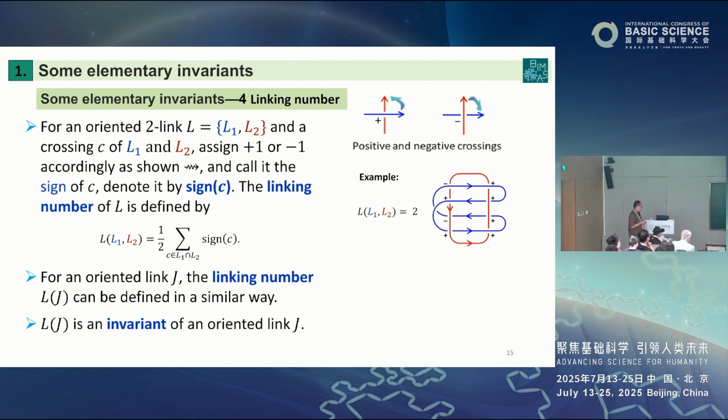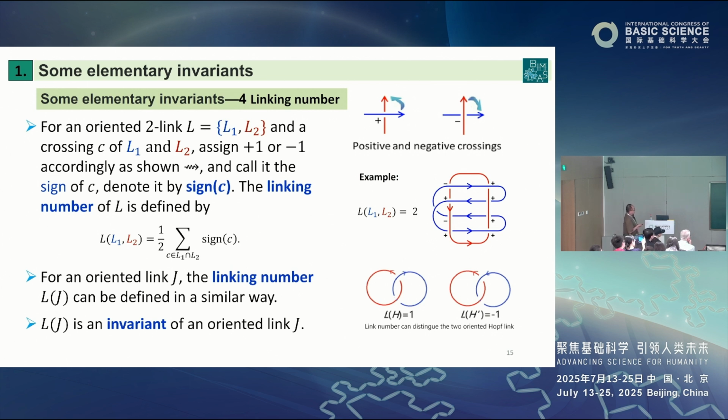And we can check the linking number is also an invariant. Using this linking number, we can distinguish these two oriented Hopf links. The red component has the same orientation, and the blue one has the opposite orientation, but they are not equivalent by the linking number.